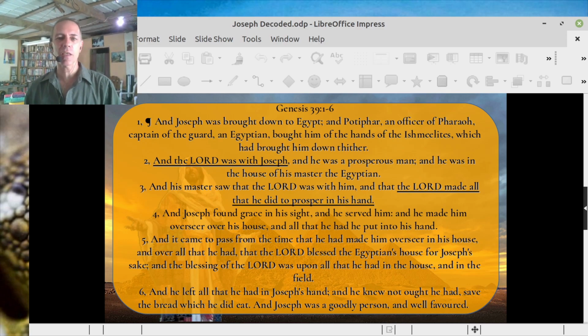You have this nation which has a high level of math, a high level of arts, and other things, very good at building and constructing pyramids with high levels of accuracy. And with all of this knowledge, this young kid who's being brought in as a slave is suddenly put in charge of all of Potiphar's possessions in his house, put in charge of his business dealings, put in charge of buying and selling.